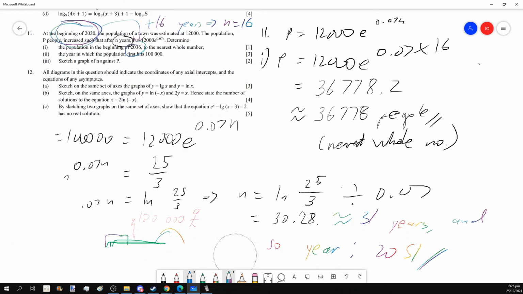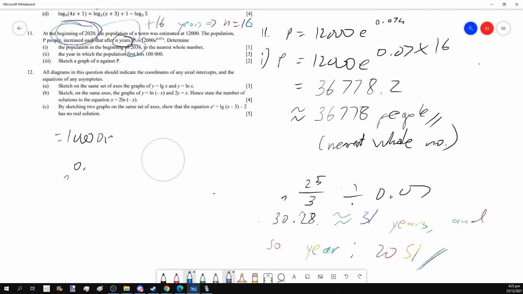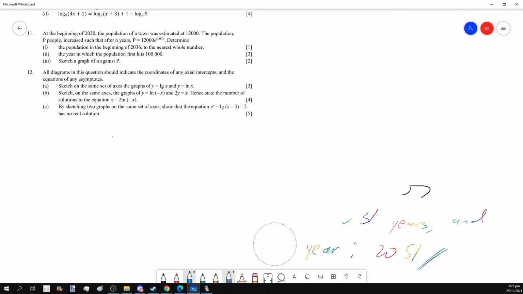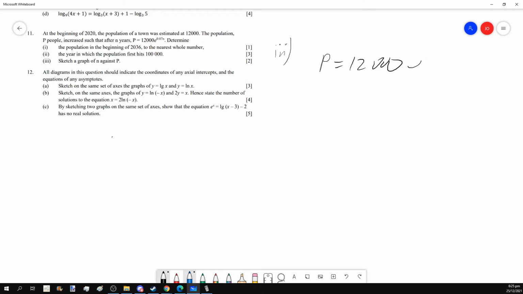Right, so once we have this, the last problem asks for a graph of small letter n against capital P. There's just one big problem. The formula starts with capital P. In other words, we're going to have to do rearrangement ourselves. This is very similar to the investment fund question from earlier. We have P equals 12,000 e to the power 0.07 n. Problem is, now we want n against P, we need n to be the subject.